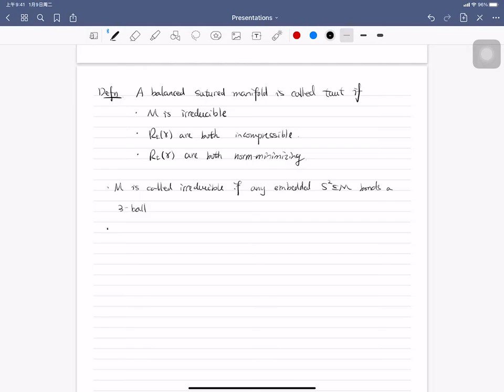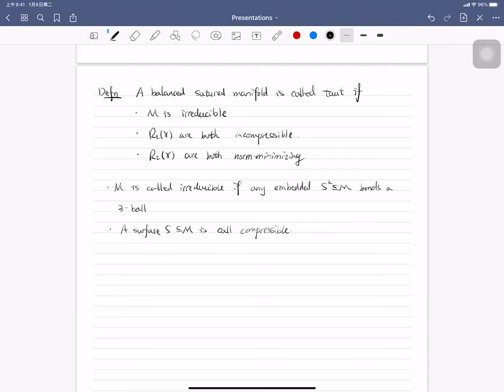Next, a surface S inside M is called compressible, and in the assumption we require incompressible, so compressible is the converse.